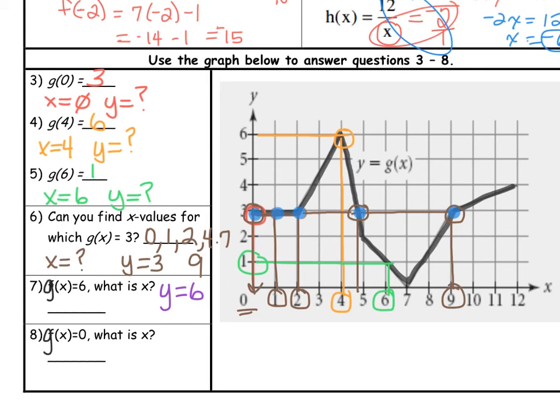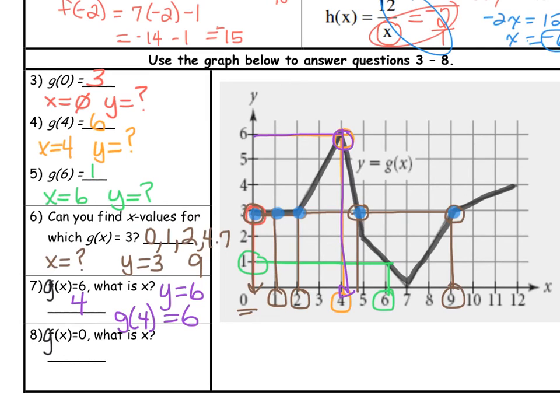So we're going to go over here to 6. Stop when it hits the graph. And when y is 6, x is equal to 4. So g of 4 equals 6. Okay, letter 8.